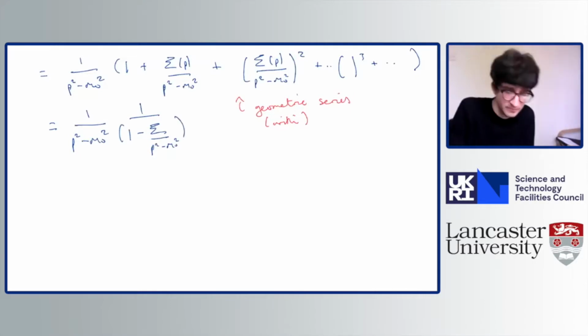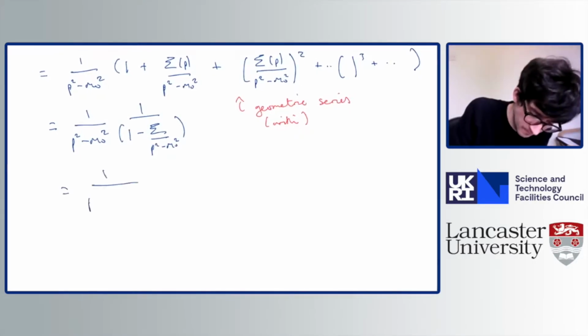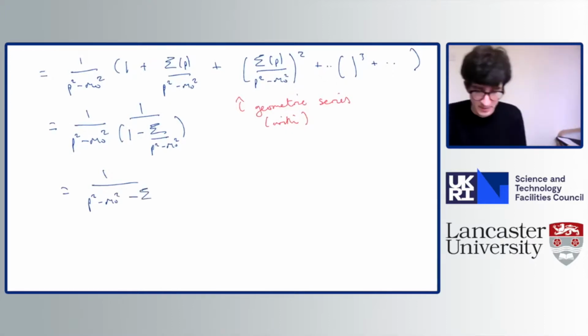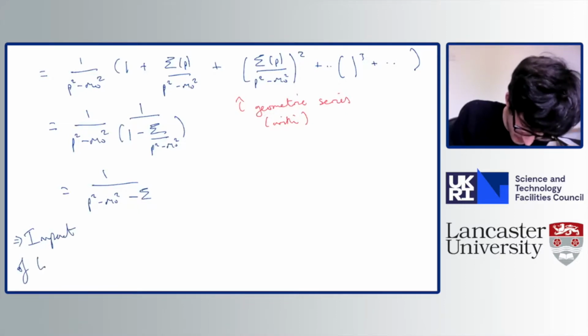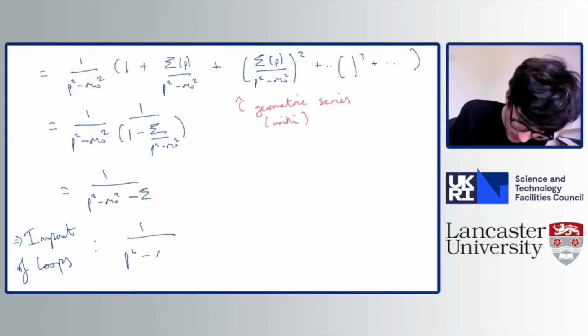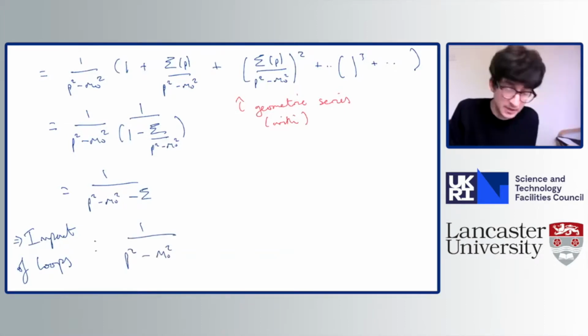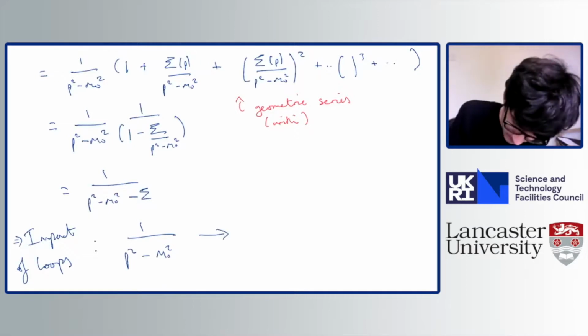Okay. Which is equal to, so a little bit involved, but when the dust settles, this is really what I want to get at, which is that the impact of loops in this case is to take us from our bare propagator, the thing we write down at leading order, to this. Okay.